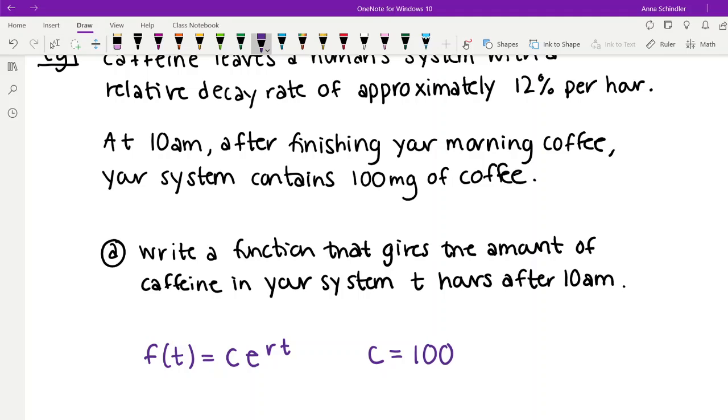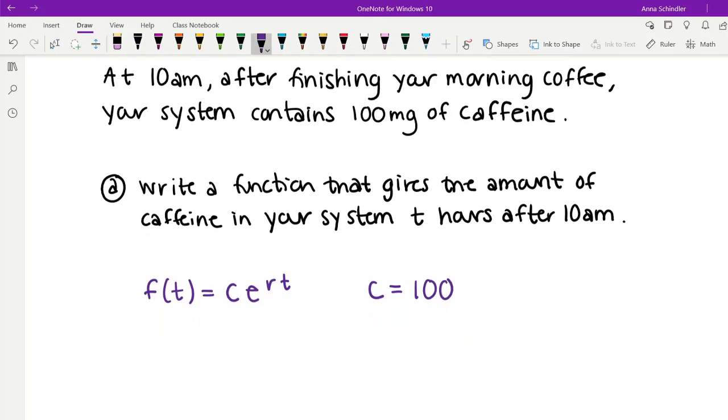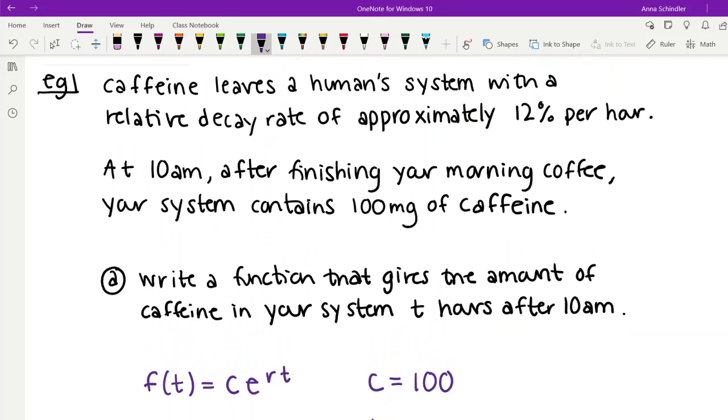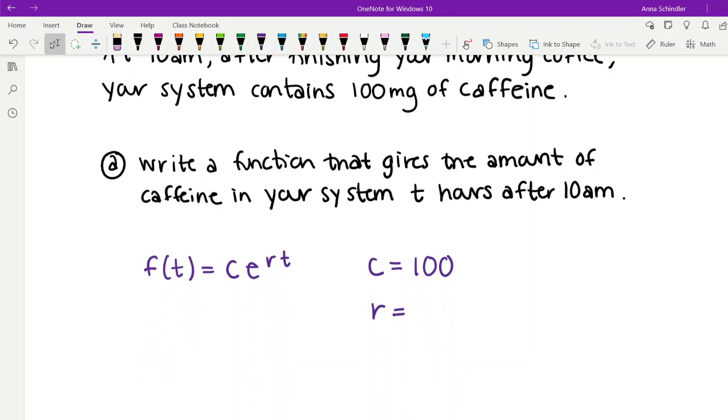And sorry, I realized I wrote something wrong. Here I said 100 milligrams of coffee. I should have said of caffeine. Okay, and so our initial amount is 100. And then what is our rate? This problem tells us that we have a relative decay rate of approximately 12% per hour.